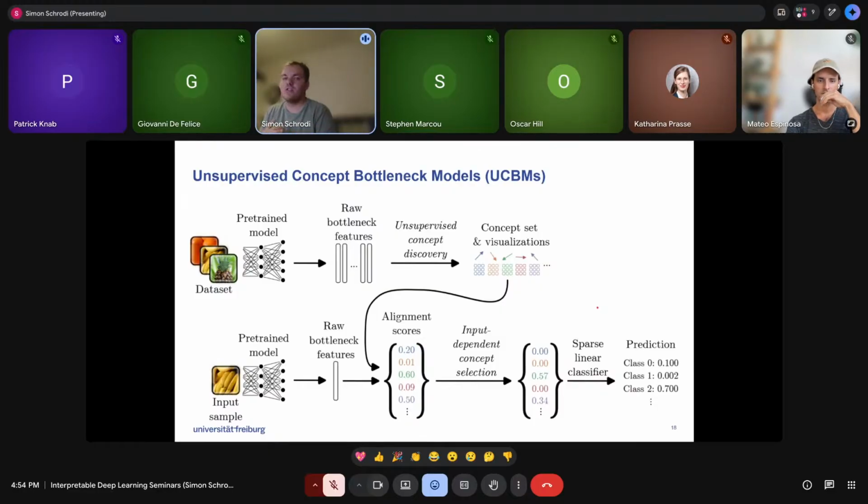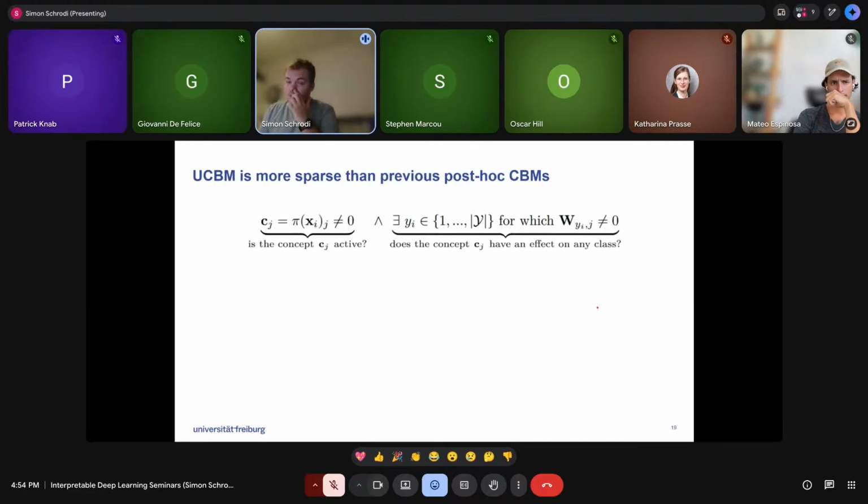And now maybe let's look into how this method actually works in practice. So I talked a lot about sparsity, and we defined this term here to show whether there is a sparsity issue. So here the idea is, first we check, is this concept actually active? Because if it's 0, then it cancels out, right? And the second part is, is this W non-zero, such that the concept has an influence on the prediction of any class?